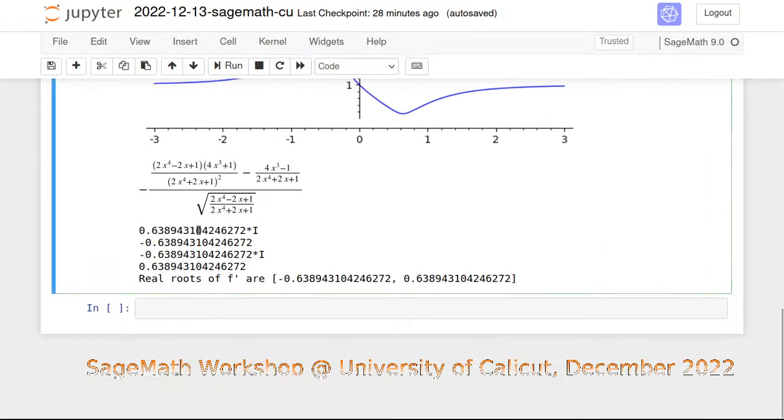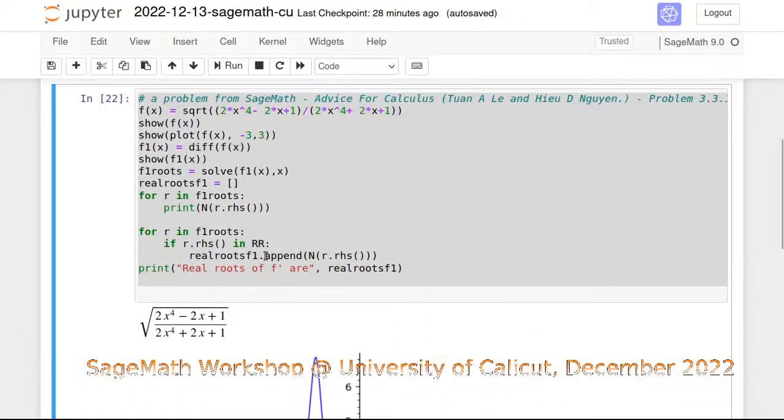We are getting complex roots as well. Okay, well, the I is there. Yes. The capital I corresponds to the imaginary number i. Sorry, I forgot to mention that. That capital I corresponds to the square root of -1, the complex number, denoted by capital I in Sage. Right. So we want to filter out all the complex roots. That's why we did this.